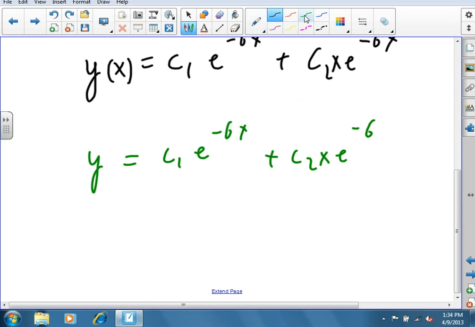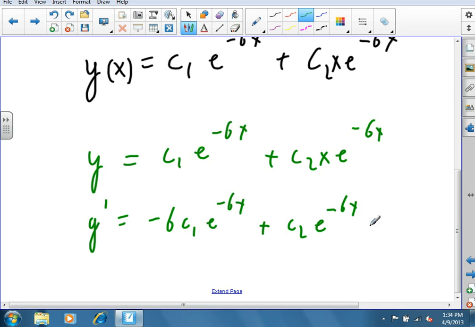That holds us over. y prime is minus 6 c1 e to the minus 6x plus c2 e to the minus 6x, minus 6 c2 x e to the minus 6x.